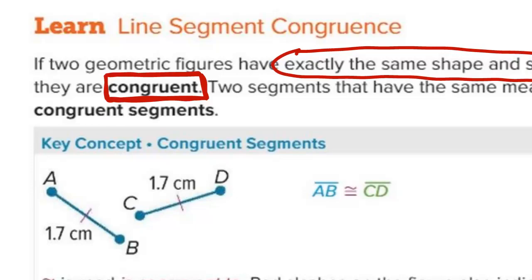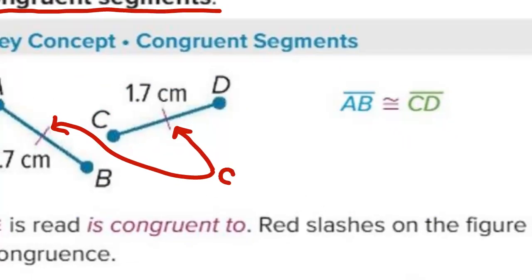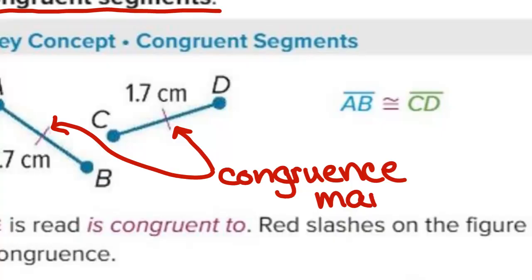When I have two segments that have the exact same measurement, we say that they are congruent segments. And we use these little tick markings here to indicate congruence. Congruence marks.